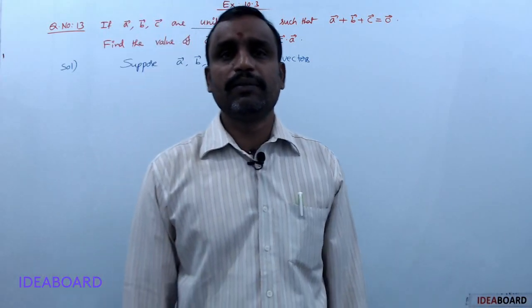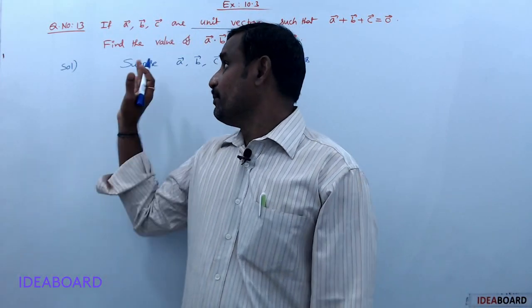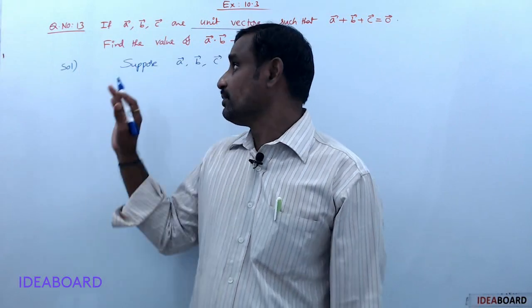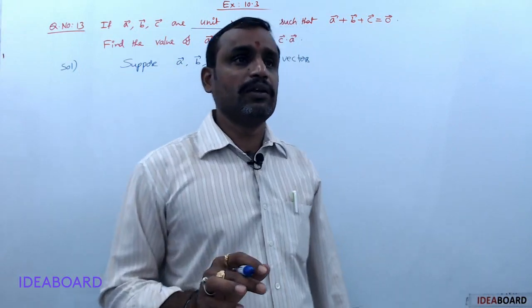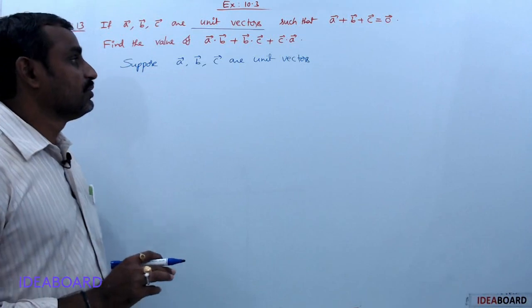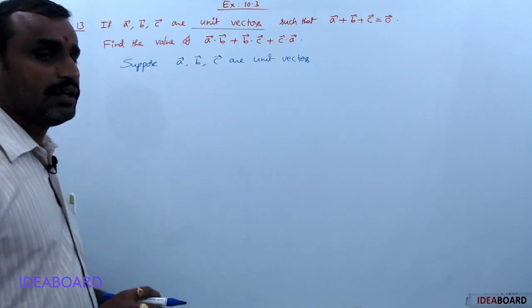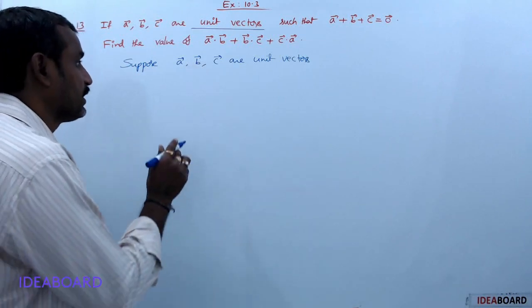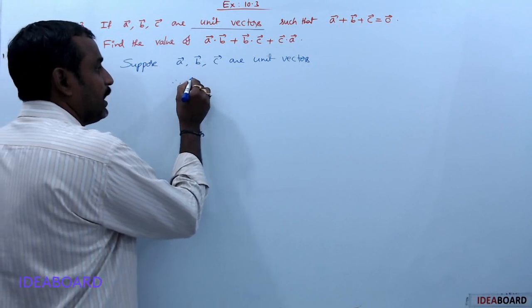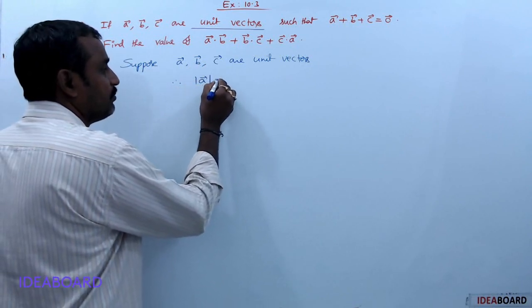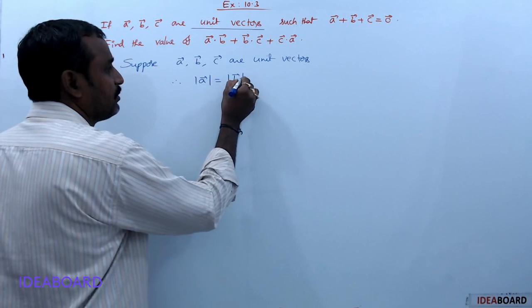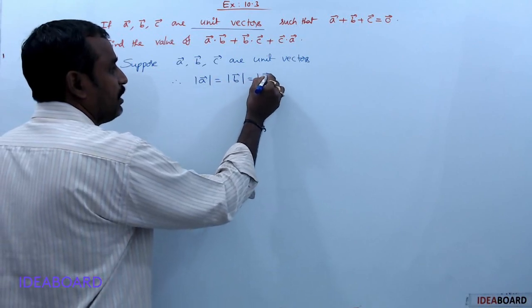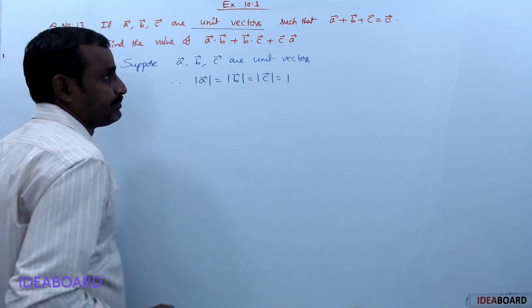By the definition of a unit vector, the magnitude of the vector is equal to 1. That's why the vectors are called unit vectors. Therefore, magnitude of a bar is equal to magnitude of b bar is equal to magnitude of c bar, all equal to 1.